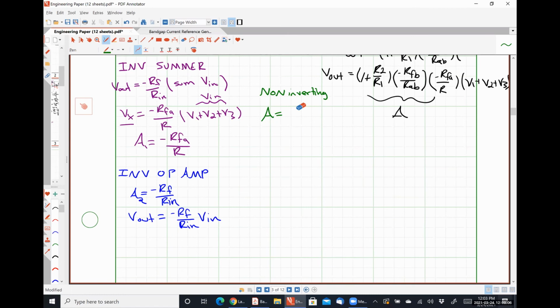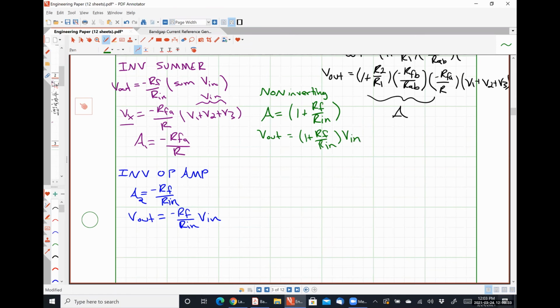I wrote it as 1 plus RF over Rn, something like this, right? And so we can say V out, in this case of just our non-inverting op amp, would be 1 plus RF over Rn, times V input.